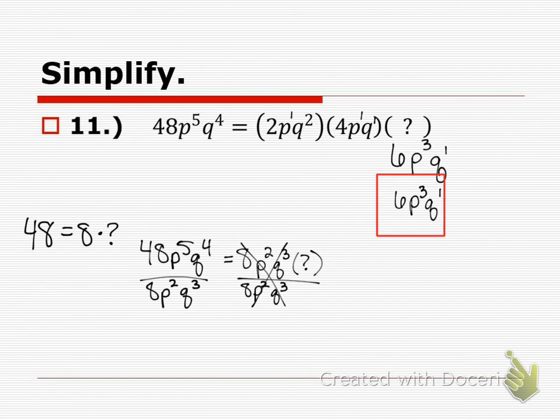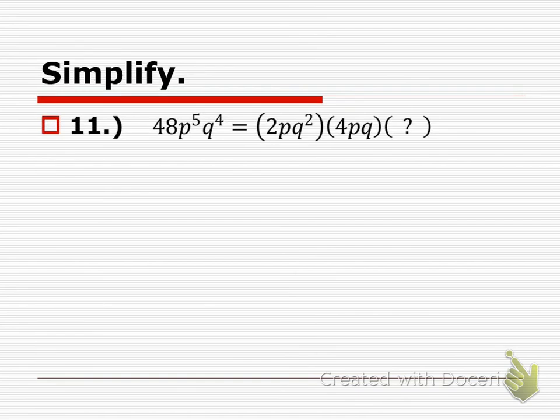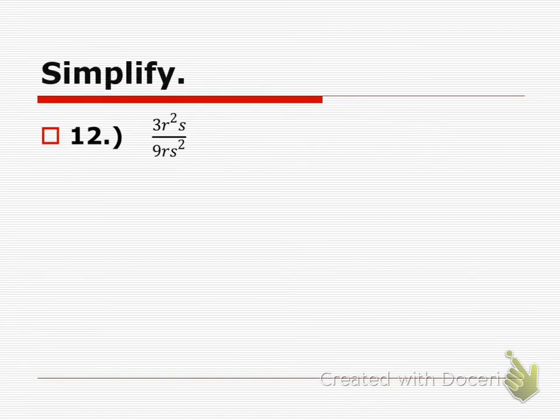Are we done now? Are we done with all our notes and our examples? We're not done yet. Number 12 should be easy peasy lemon squeezy if we were able to do number 10. 3 over 9 reduces to what?